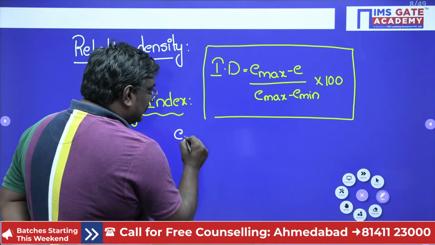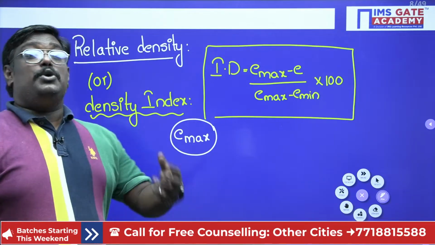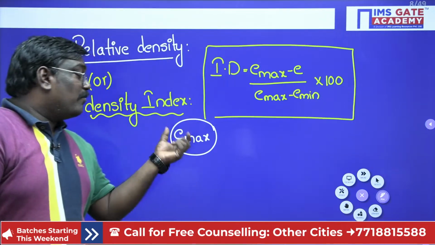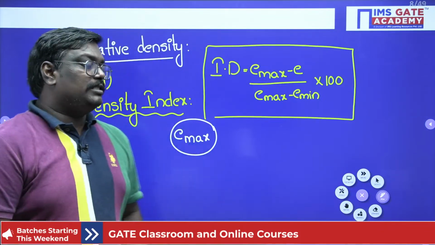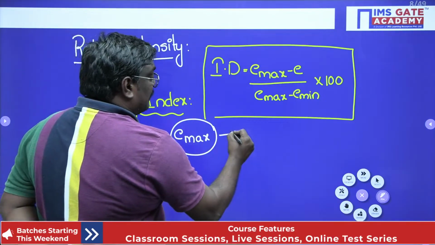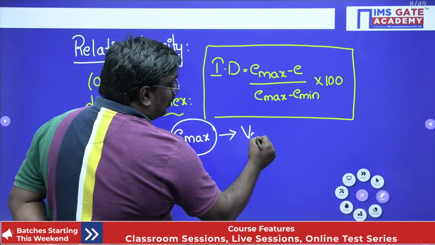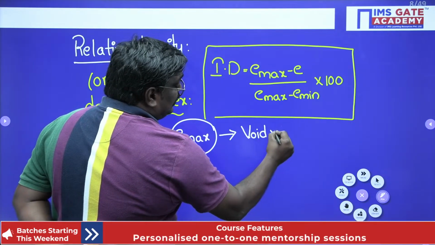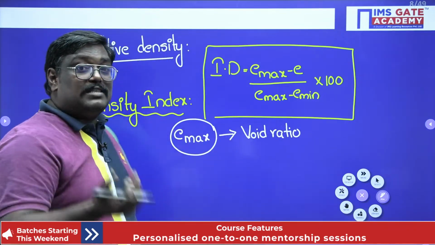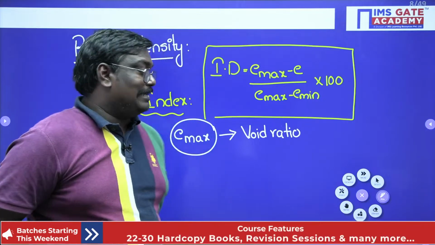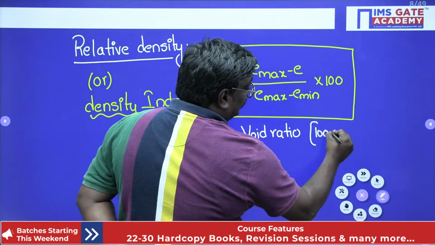When will the void ratio be maximum, my dear students? You have to use common sense. The void ratio will be maximum in case of loosely deposited soils. So E max represents the void ratio in the loosest state.